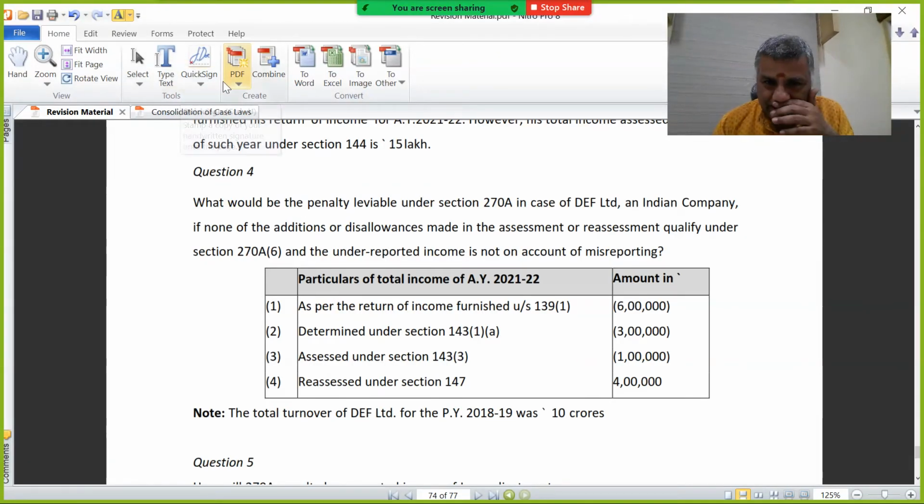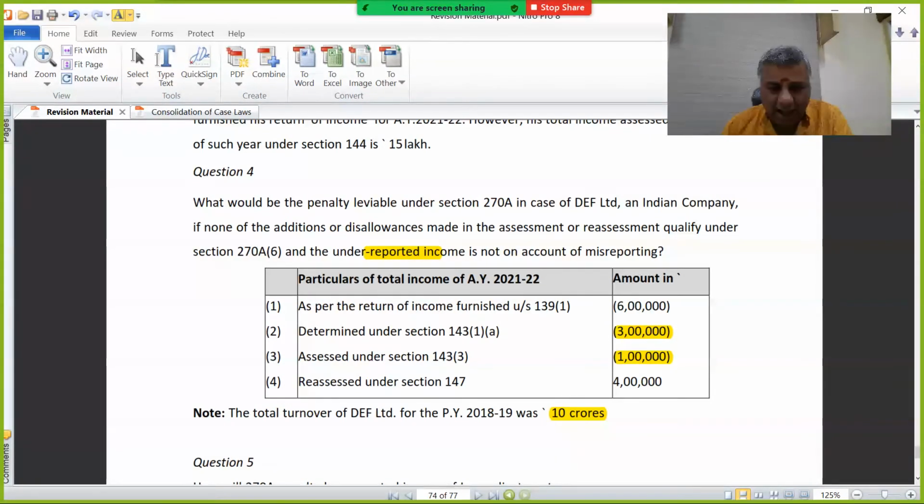Now let's read this case. 143, 139 we can leave it. 143, 3 lakhs. Underreported income only, and it's not on account of misreporting. 3 lakhs. 143, 1 lakh. Turnover of 10 crores. I told you in exam they will always give you.